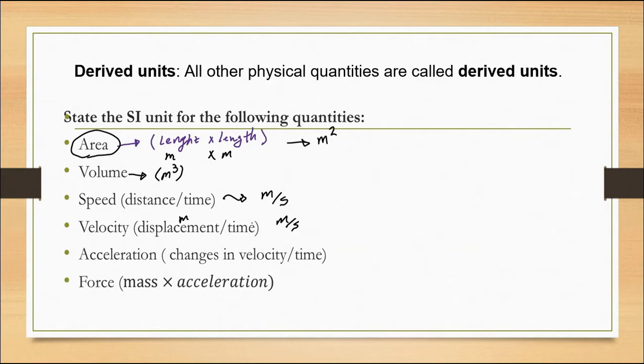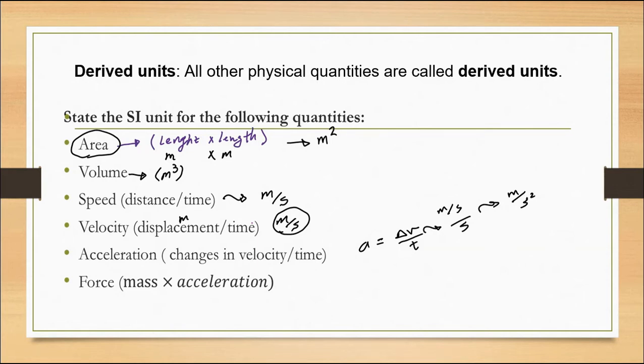Acceleration is change in velocity over time. Velocity was meter per second, and time is second. So the unit of acceleration is meter per second squared.